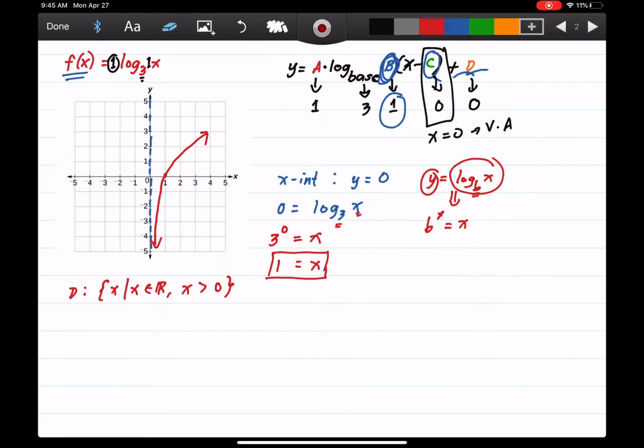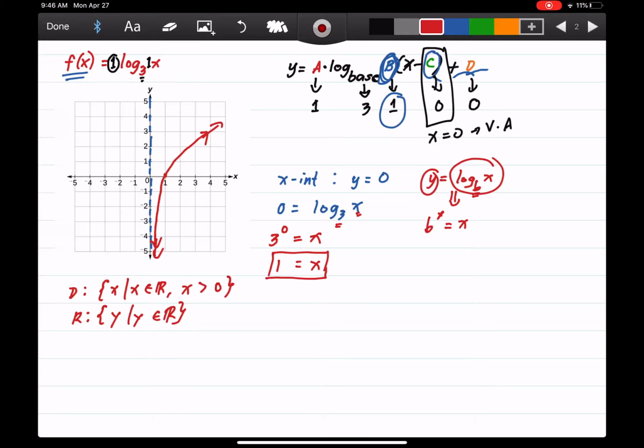And for your range, as you can see, you can extend this more, and that means the range will be all real numbers. No limitations. The set of all y such that y is an element of the real numbers. Okay, what else do we need here?